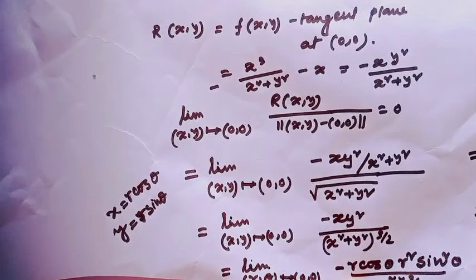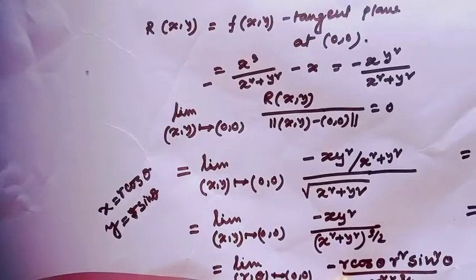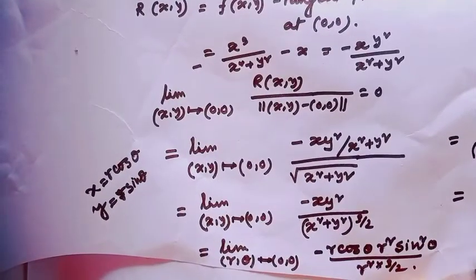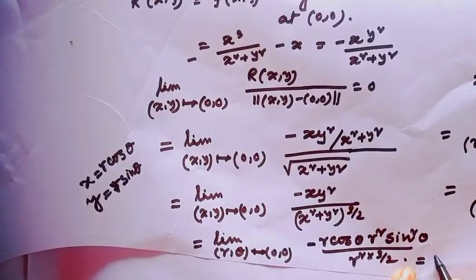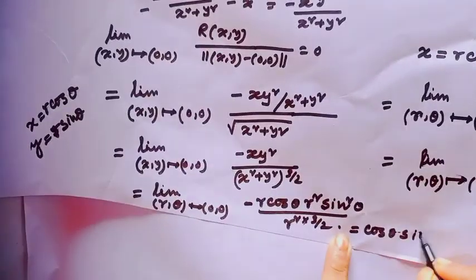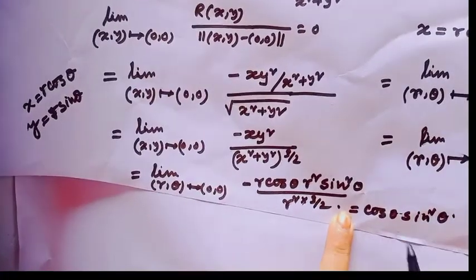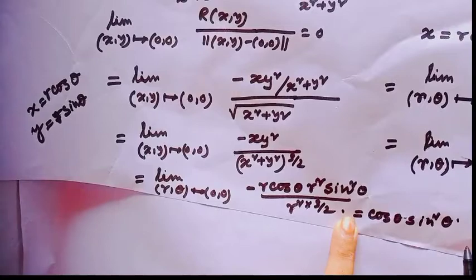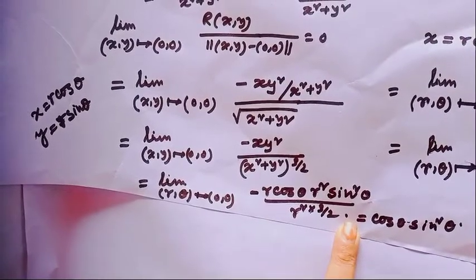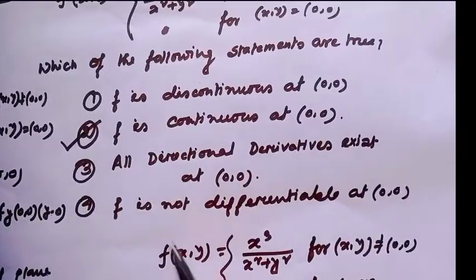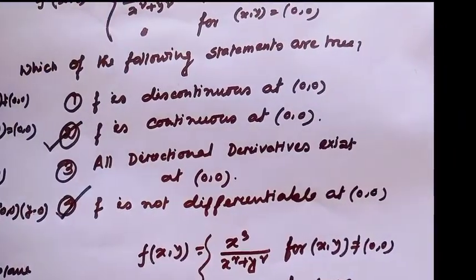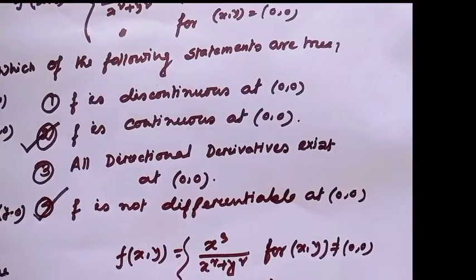If we calculate this, the value equals cos theta sin square theta. For different values of theta, a different limit will exist. This function is not differentiable at the point (0, 0). So option 4 is a right option.